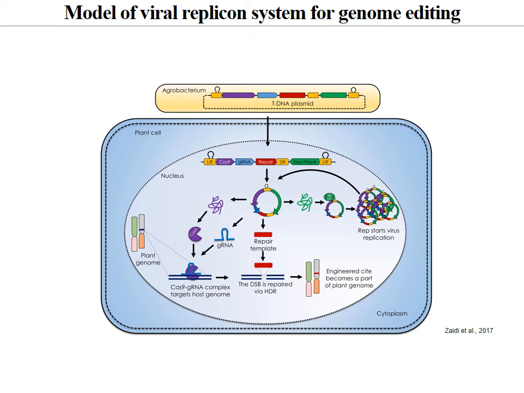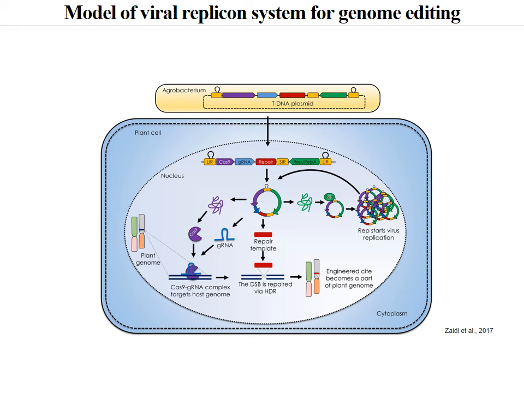In our lab, we are using Agrobacterium mediated transformation. And when this vector is introduced into the plant cell, it can make the circularized form. So that LIR is the origin of replication, so it can replicate and increase the copy number.